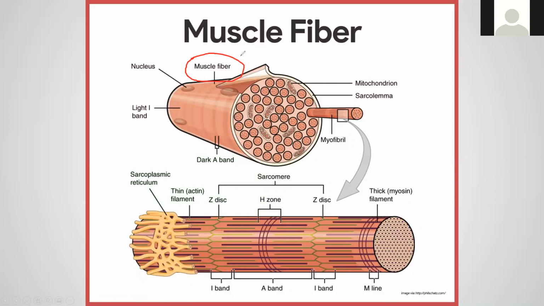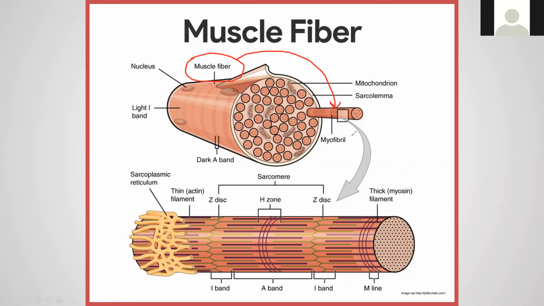So our muscle fiber is made up of component parts called the myofibril. This is again the kind of rod-like components that are made up really of proteins. This is where you're going to find your actin, myosin, your titin, and many of these together form our actual muscle fiber itself.